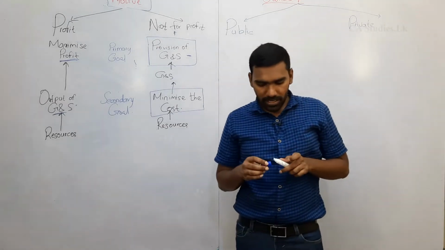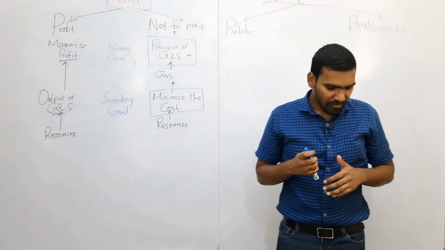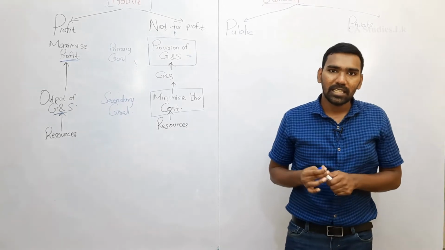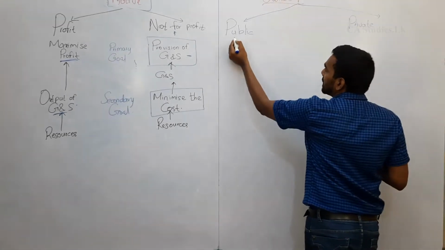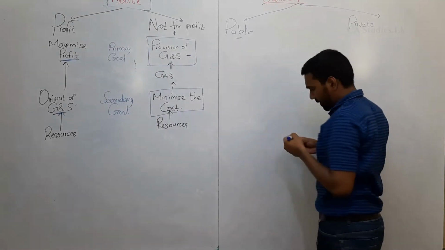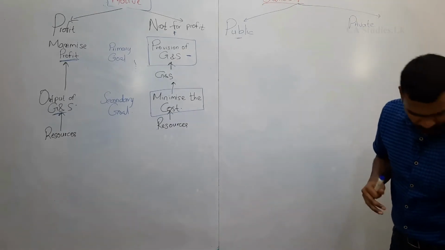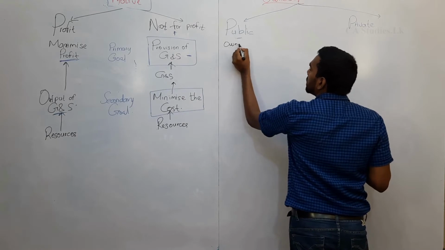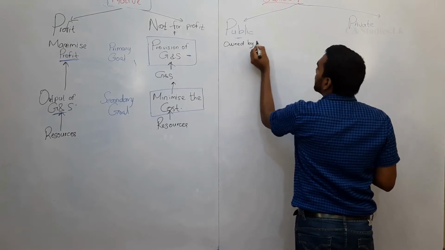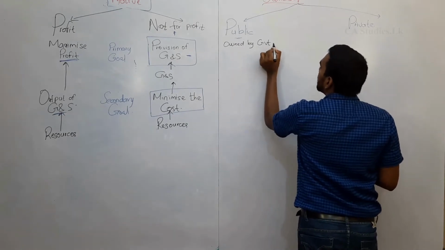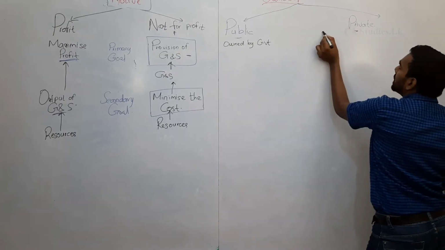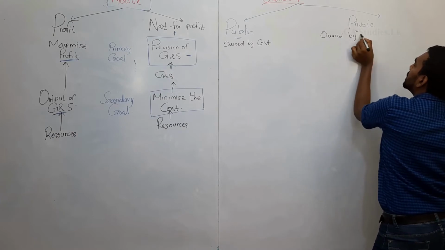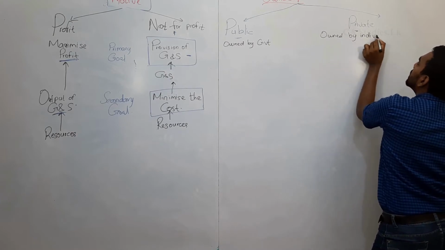So publicly owned entities are entities where there is a central authority or government that owns the business or the organization. So it's mostly owned by government in general meaning, whereas private is owned by individuals.